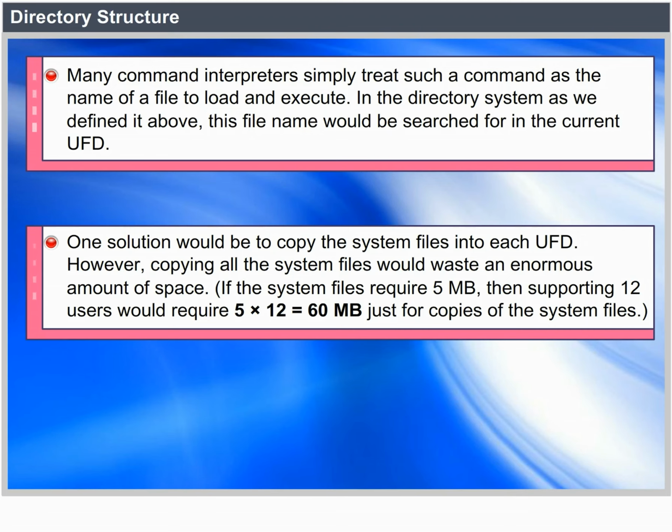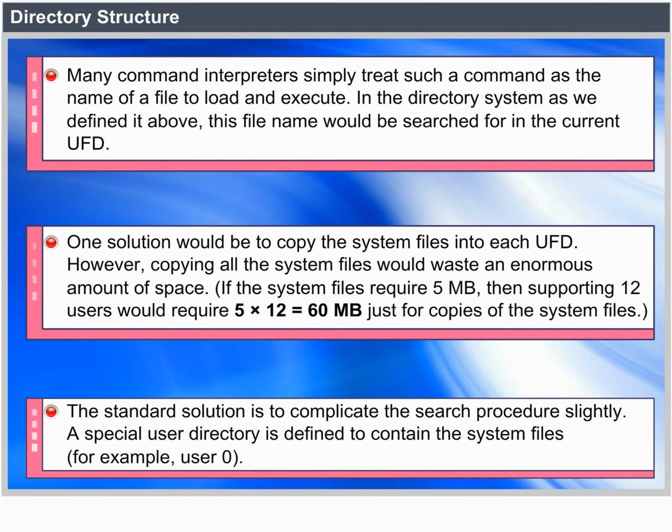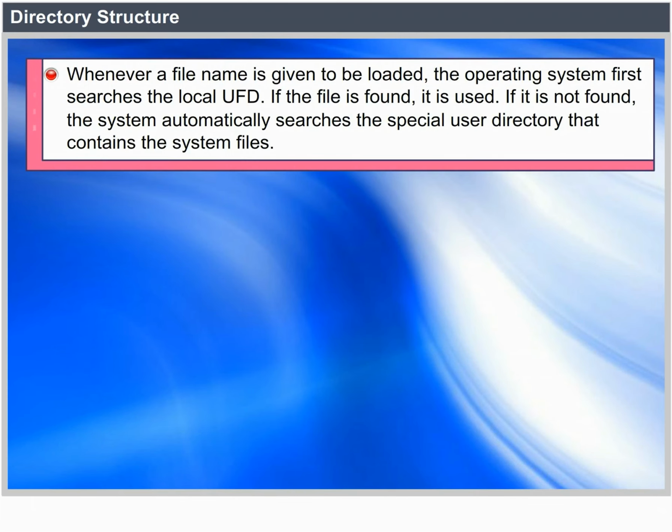The standard solution is to complicate the search procedure slightly. A special user directory is defined to contain the system files, for example, user 0. Whenever a file name is given to be loaded, the operating system first searches the local UFD. If the file is found, it is used. If it is not found, the system automatically searches the special user directory that contains the system files.